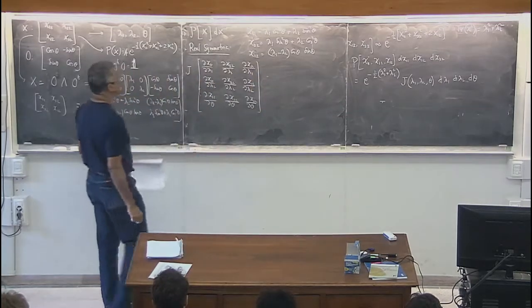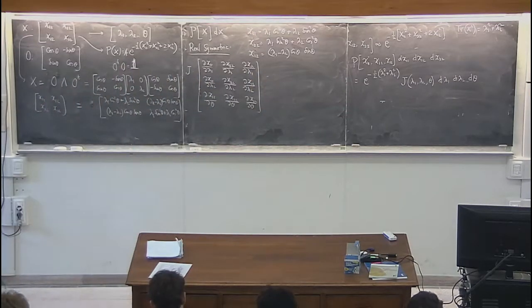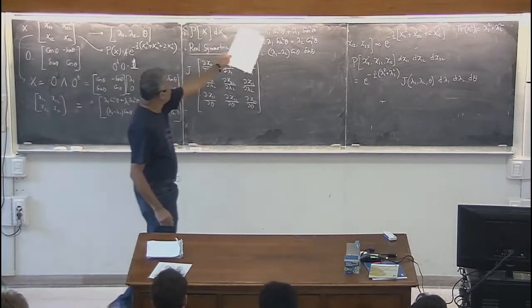Right, so this is your Jacobian matrix. Okay, so you can just read off from this relation.